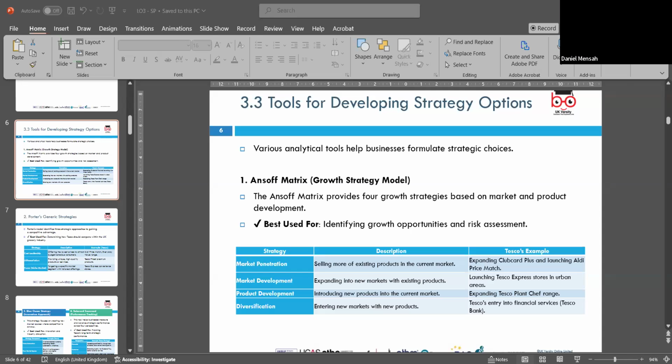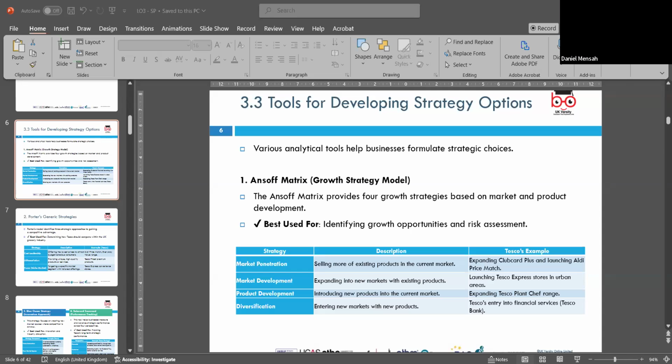So the product is expanding into new markets. Product development: in this case, you introduce a new product. If we take the example of the iPhone, a new version of the iPhone with advanced features. So it is a new product, but they're selling to existing customers. Diversification introduces a new product into a new market.